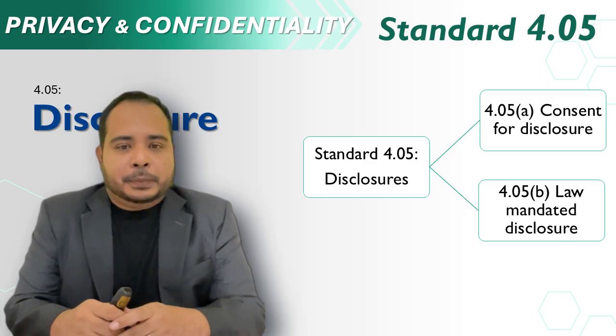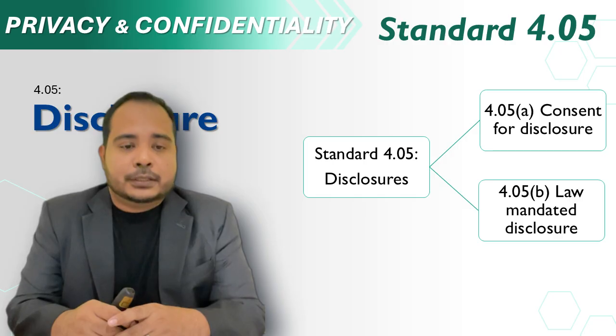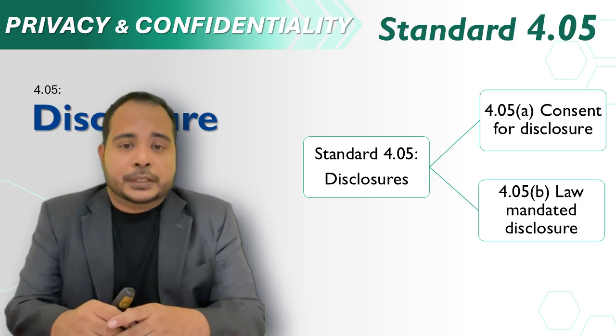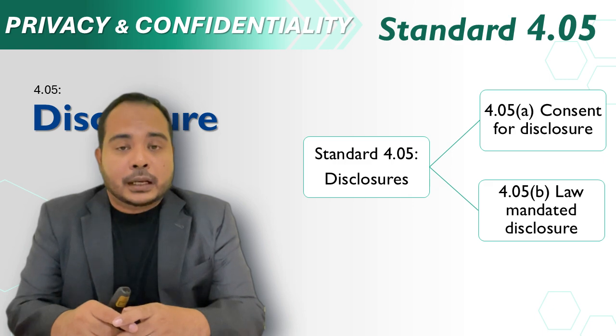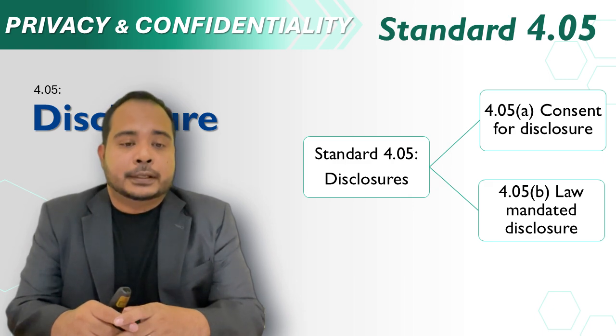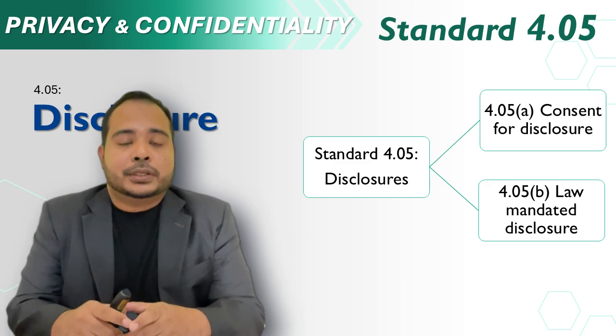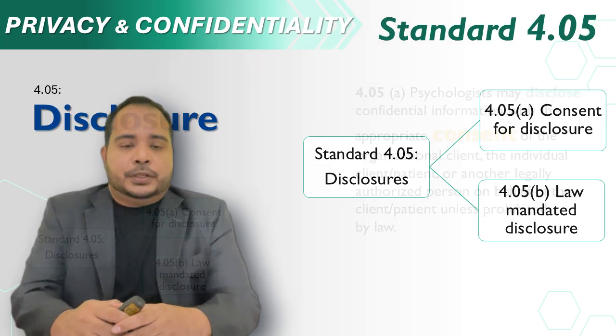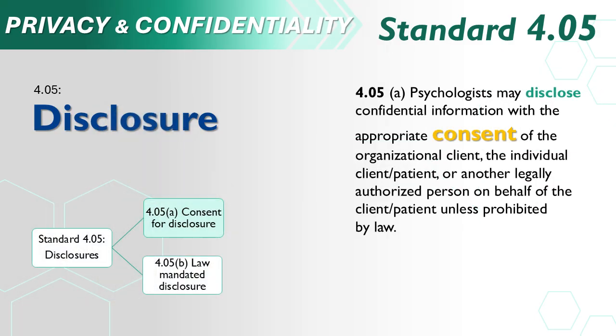This standard specifies circumstances in which disclosure of confidential information is permitted, with or without the consent of our client. It also establishes the limits on the extent to which we can disclose confidential information.